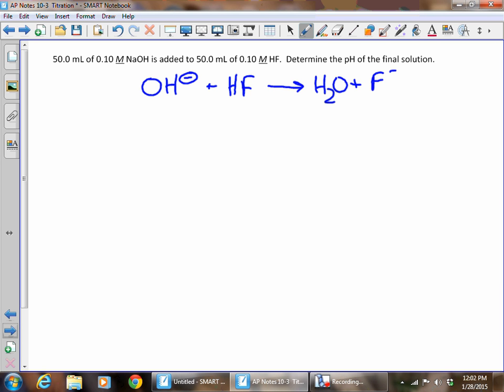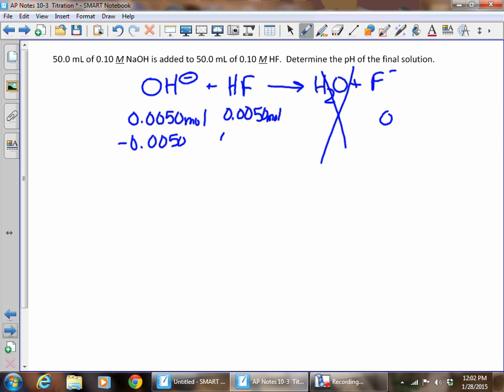And I told you I wasn't going to work through all these calculations every time. If you do the calculation for OH minus, you get 0.0050 moles. And the same thing for HF. 0 for F minus, and we don't care about water.